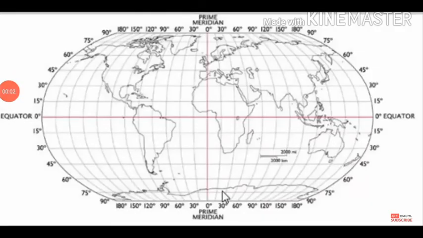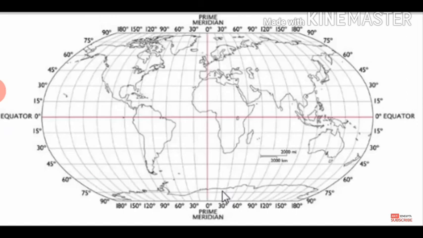The value of prime meridian is 0 degree longitude, and from it we count 180 degrees eastward as well as 180 degrees westward. The prime meridian and 180 degree meridian divide the earth into two equal halves, the eastern hemisphere and the western hemisphere.